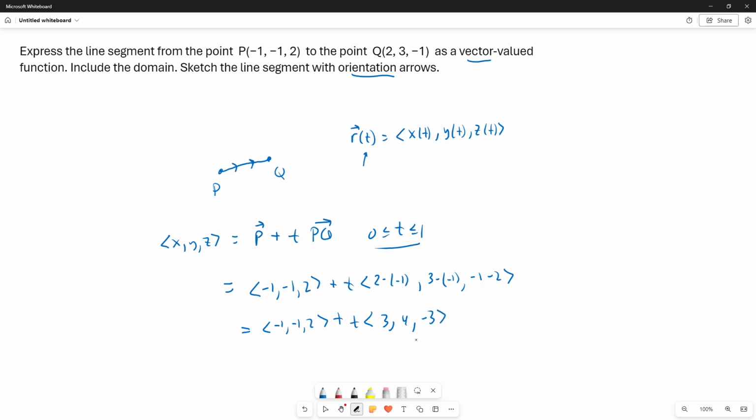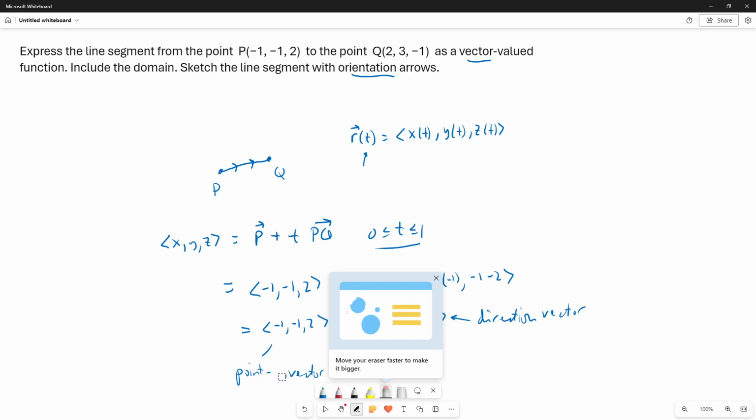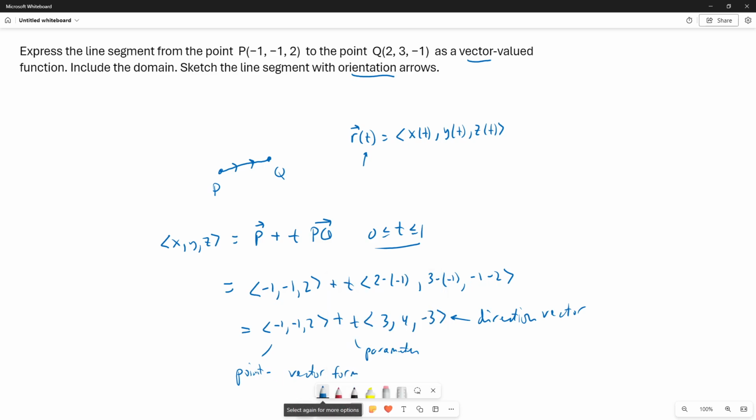So this is the direction vector for the line. And t is the parameter. And this is a point on the line in vector form. The vector form of the point, because we have to add a vector plus a vector.